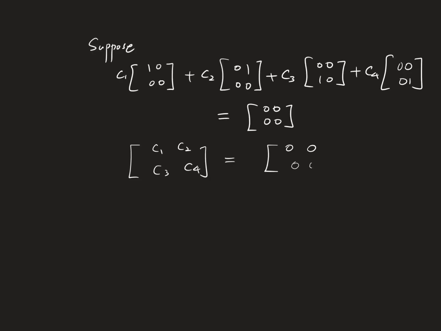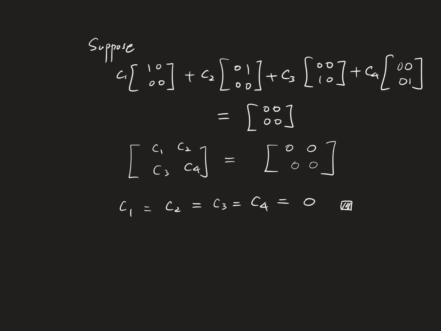To prove that these four matrices are linearly independent, we need to prove it in this way: suppose a linear combination of these four matrices is the zero matrix. Then we can see that c1, c2, c3, c4 are all equal to 0.